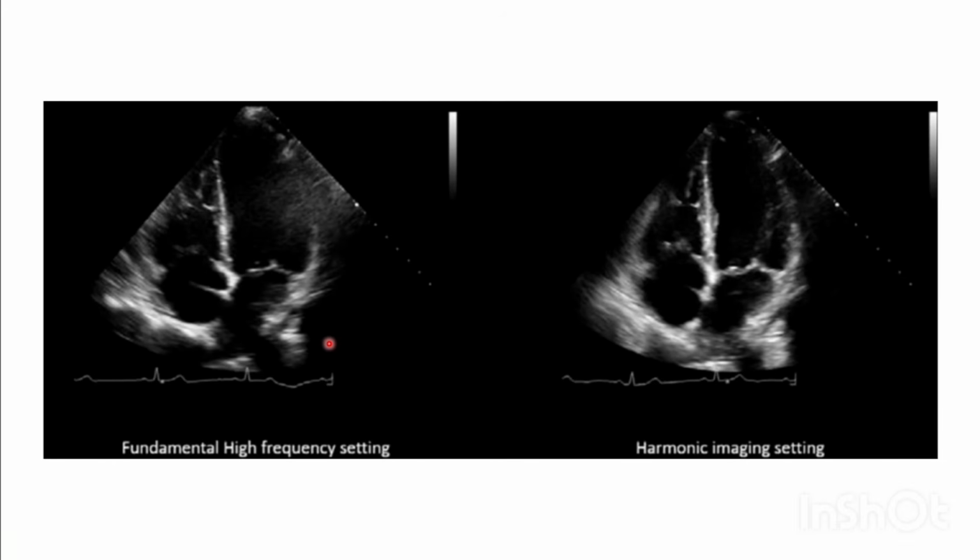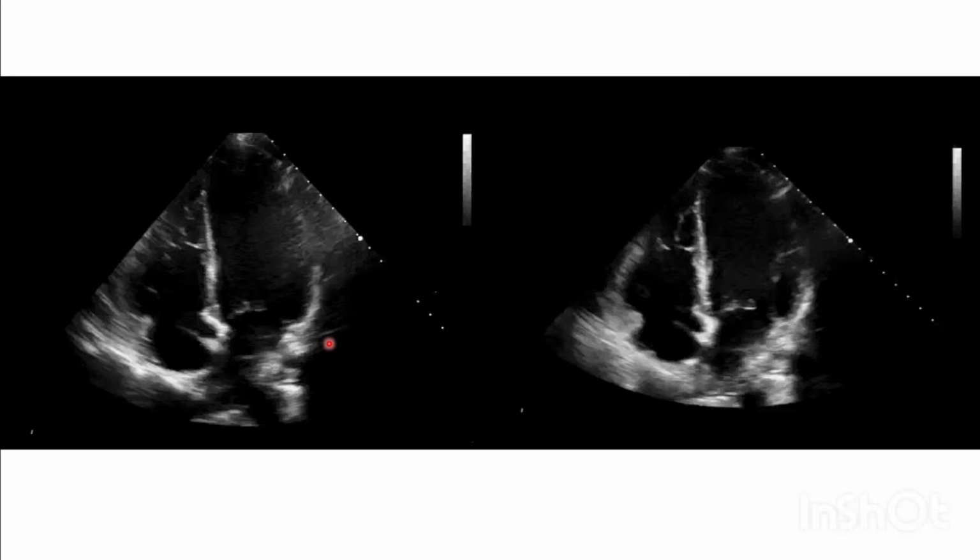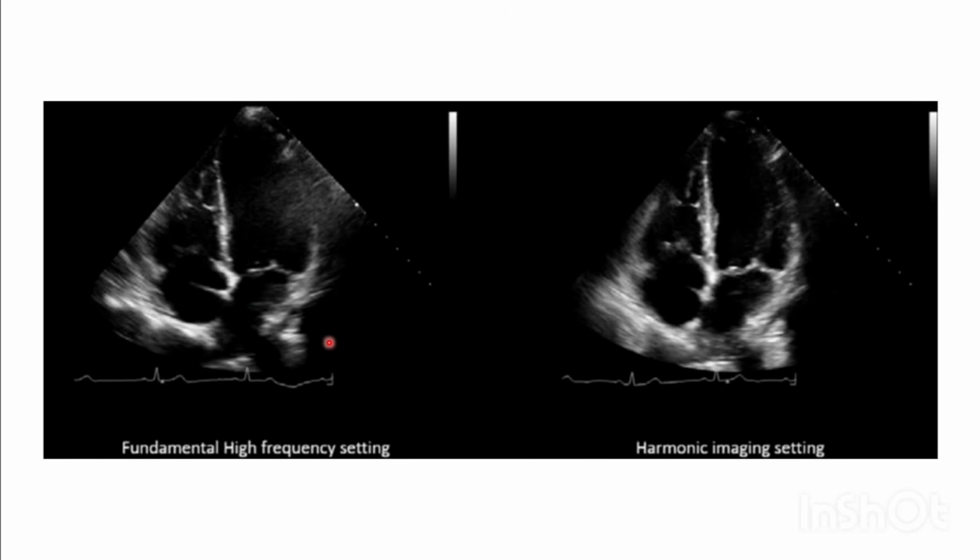The advantage of harmonic imaging is that we can get clearer pictures. This is a static image showing the fundamental frequency, normally used without harmonics, and this is with the harmonic image.